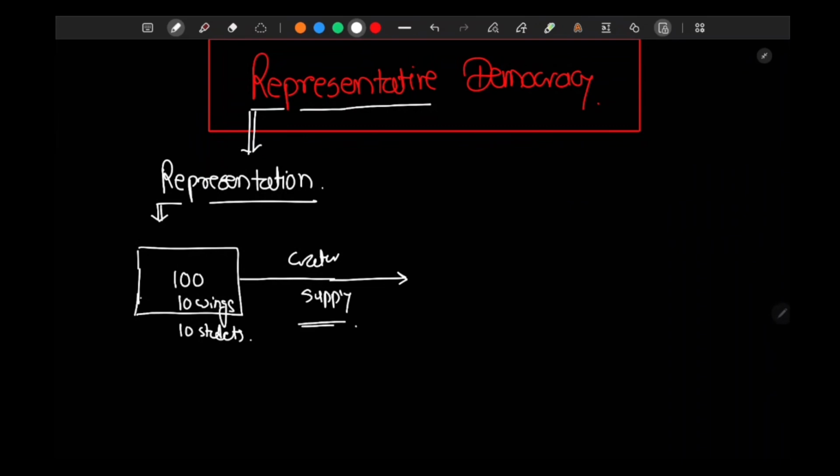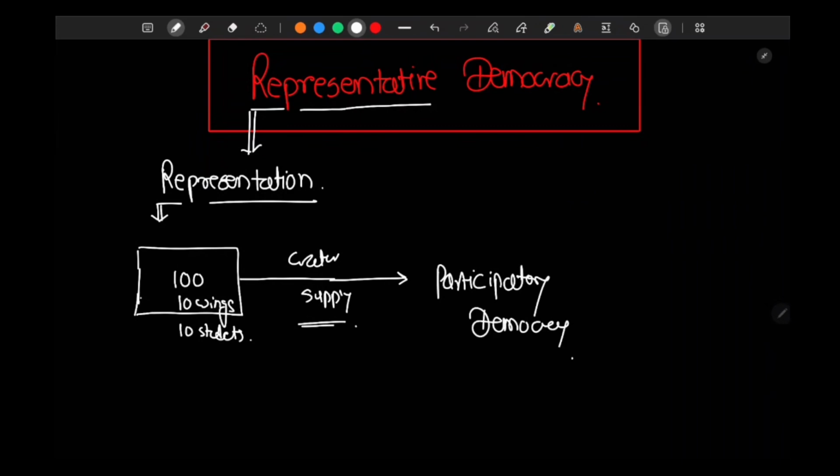If all 100 students at once are voting and participating in the issue with respect to water supply, then that is participatory democracy.